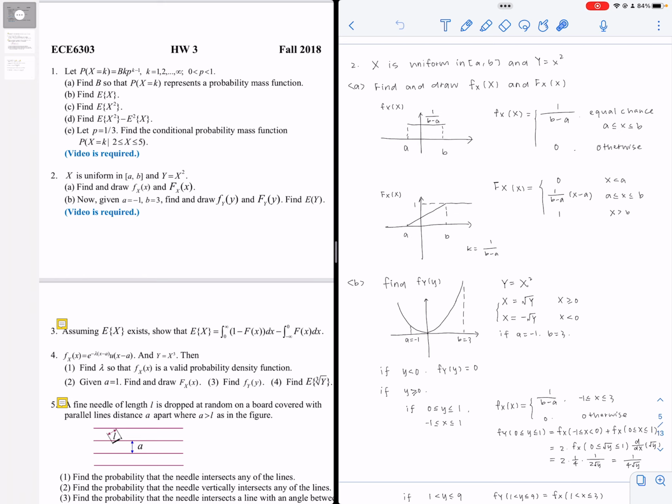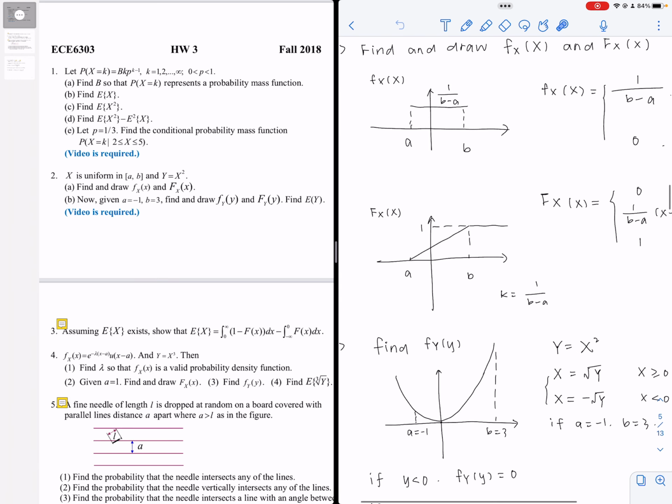If we are between A and B somewhere, if x is here, then it would be like this tiny little rectangle area. And this area would be the width 1 over b minus a times the length here, which is x minus a.